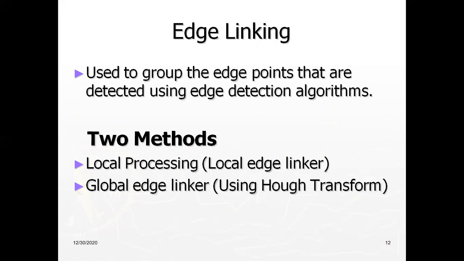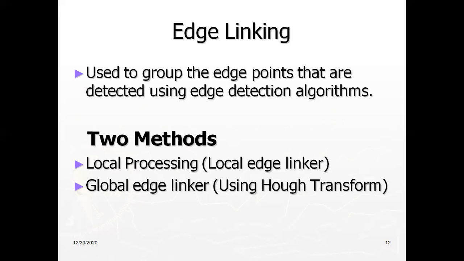We'll be able to detect only whether the pixel belongs to the edge or not. But once such pixels are found, we should be able to group these pixels to form an edge. That is the edge linking concept. It is used to group the edge points or pixels that are detected using edge detection algorithms.